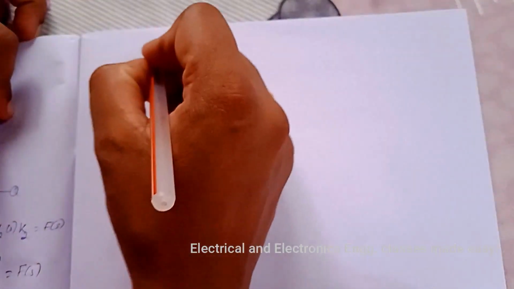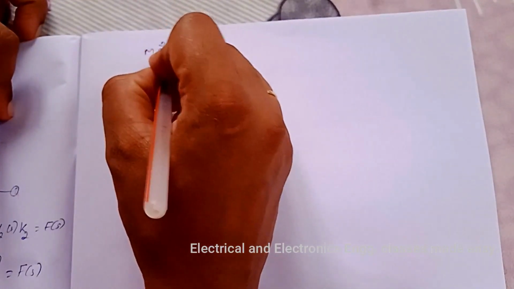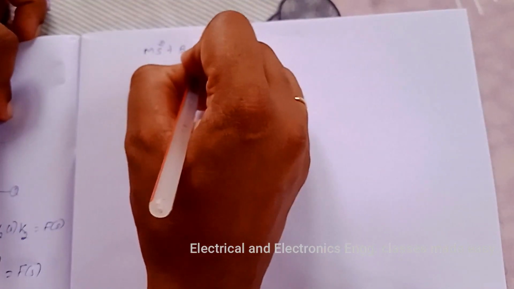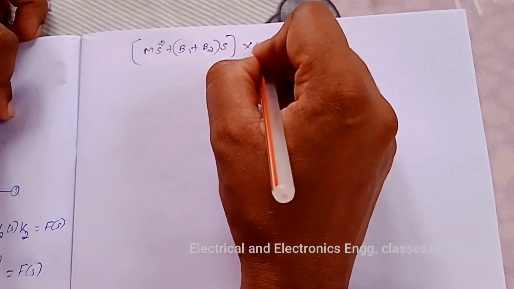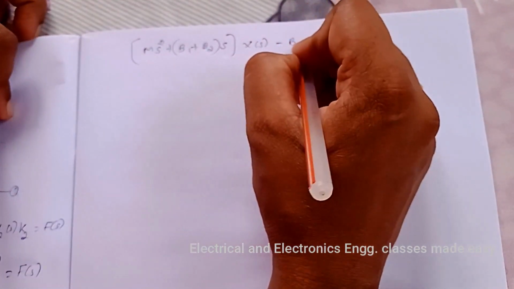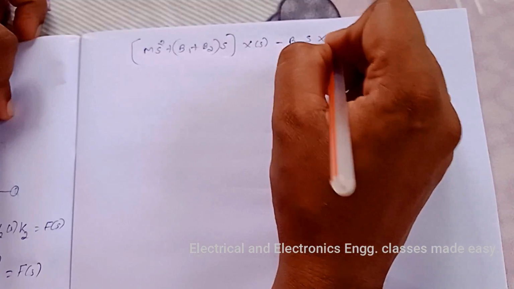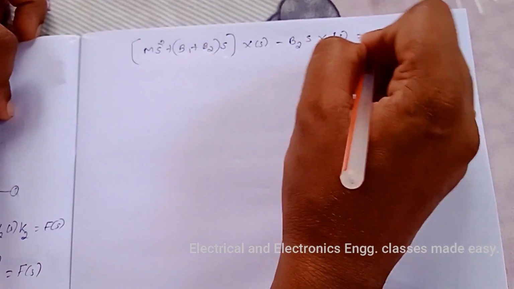On rearranging, we get m s square plus b1 plus b2 into s x of s minus b2s into x1 of s equal to f of s.